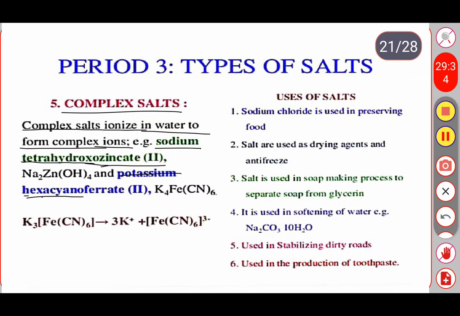Okay, these are the examples of complex salts. You just need to understand three types. The first three types are very important from your examination point of view. The first one is normal salts, the second one is acid salts, and the third one is basic salts.